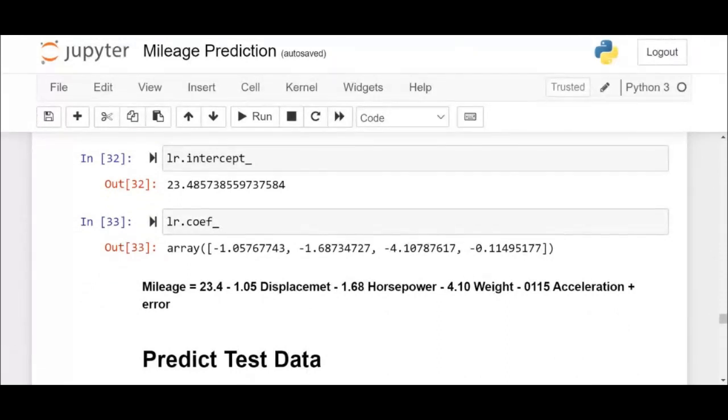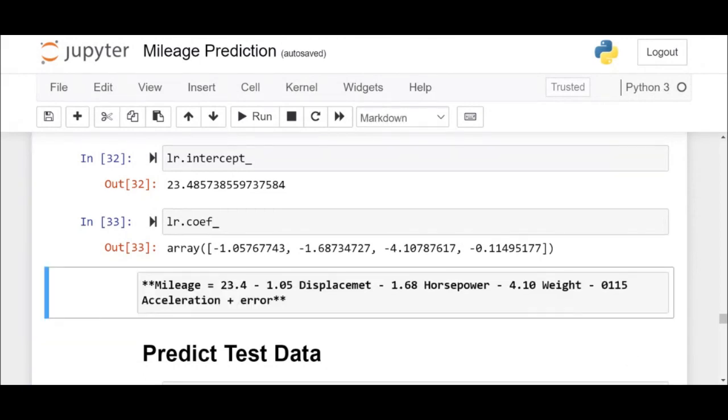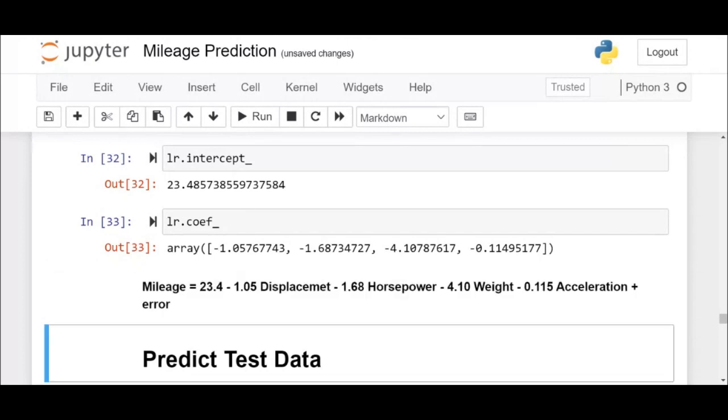So our mileage is equal to 23.4 minus, as there is a negative correlation we have seen in the scatter plot, 1.05 times the displacement, minus 1.68 times the horsepower, minus 4.10 times the weight, and minus 0.115 times the acceleration plus error.